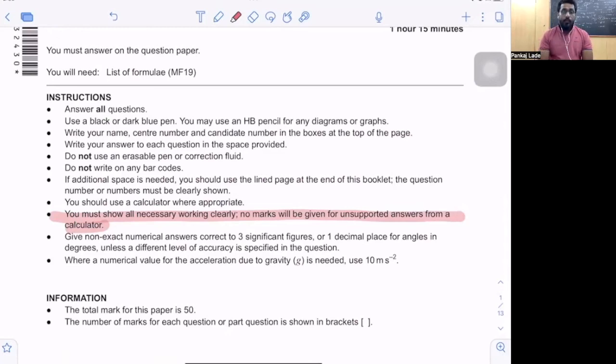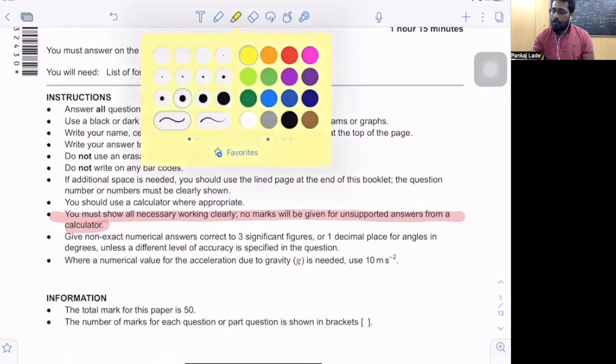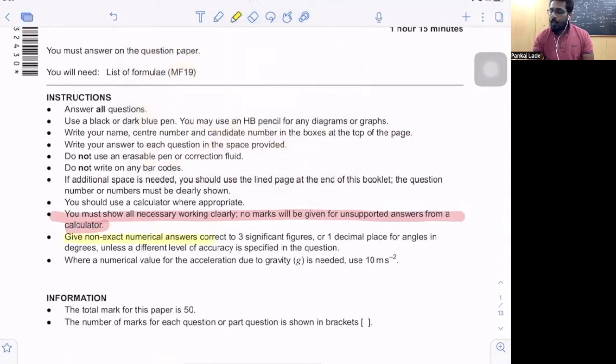The second thing to take care of is to give non-exact numerical answers correct to 3 significant figures, and 1 decimal place for angles written in degrees. So if the angle is in degrees, then 1 decimal place. If it is in radians, then 3 significant figures.